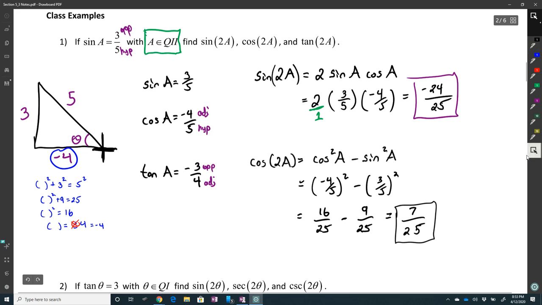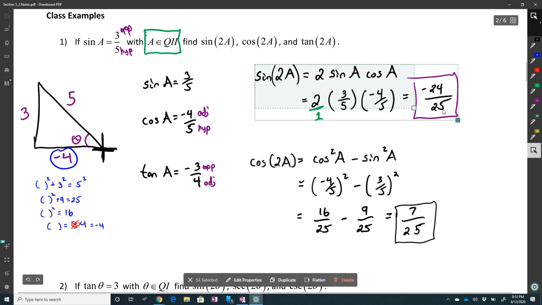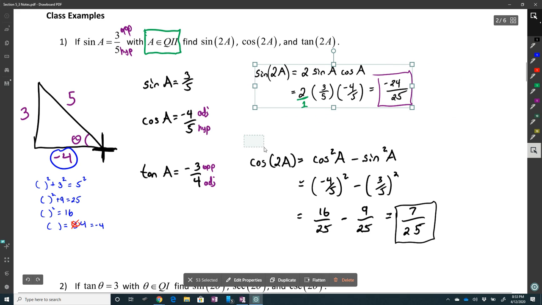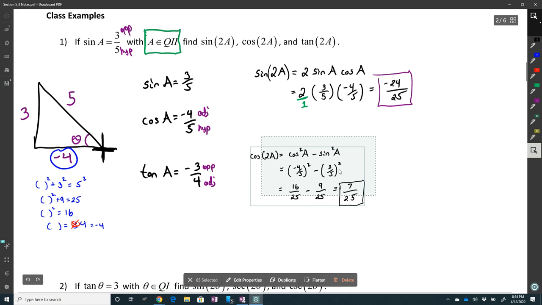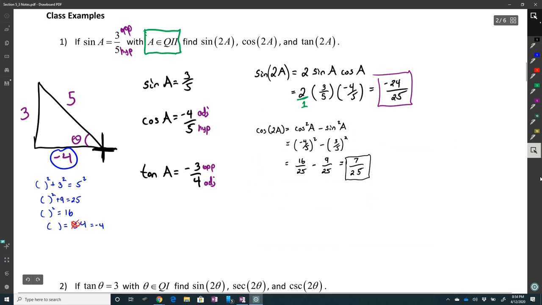Now to find tangent, it's up to you. You can do sine over cosine, or you can use the formula. Either way, you're going to get the same answer. So let me shrink these up a bit. The quick way for tangent, in my opinion, is just to do sine over cosine.